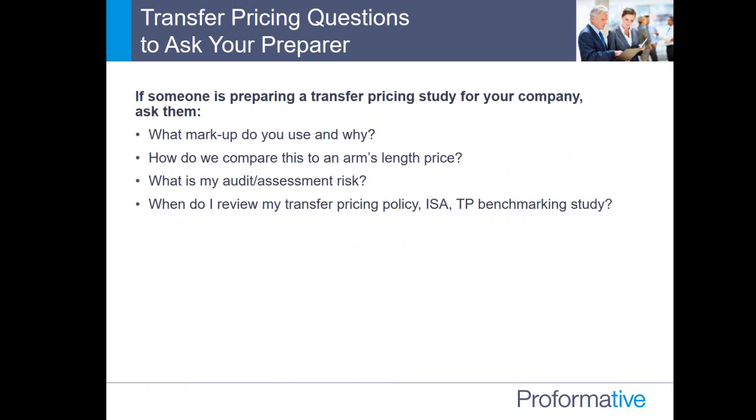And a good transfer pricing study should show a broad selection of similar entities and also entities which have been ruled out as being dissimilar. How do we compare this to an arm's length price? So what methods have been used to determine whether that rate is reasonable? How many years worth of profits have been looked at in those other companies?